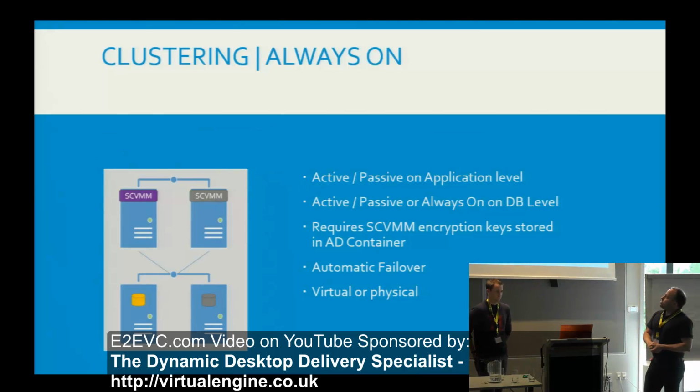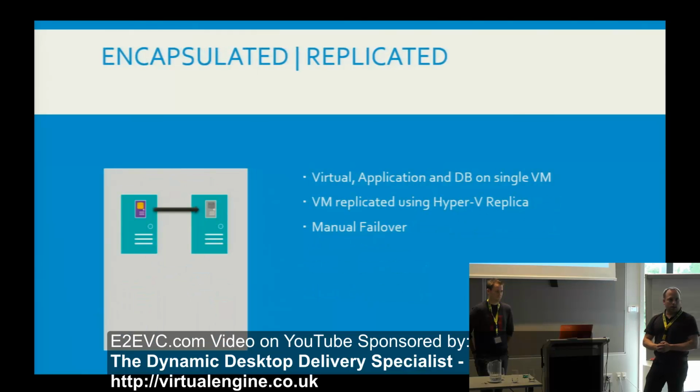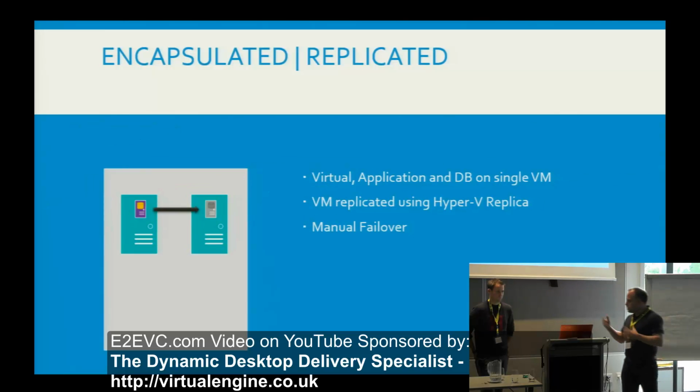Talking about the clustering solution, we see it here, active-passive, as I said already. The machines can be physical or virtual, so it's also supported to have guest clustering below the application, below SCVMM.